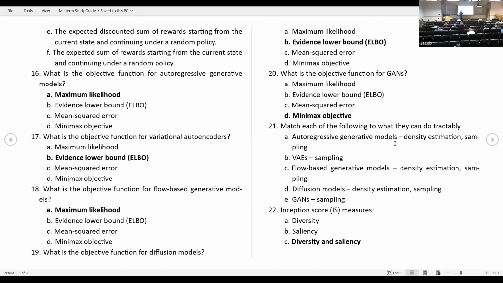Any ideas of how we could make density estimation possible with a GAN? Oh, interesting.